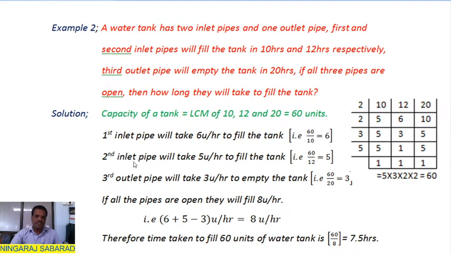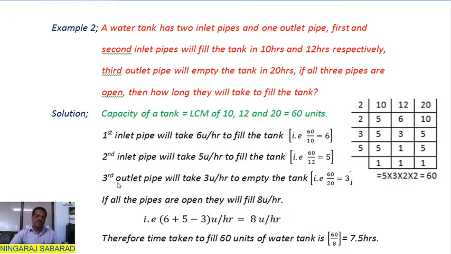Similarly, the second inlet pipe will take 5 units per hour to fill the tank. I calculated it in the same method: 60 divided by 12 is 5.